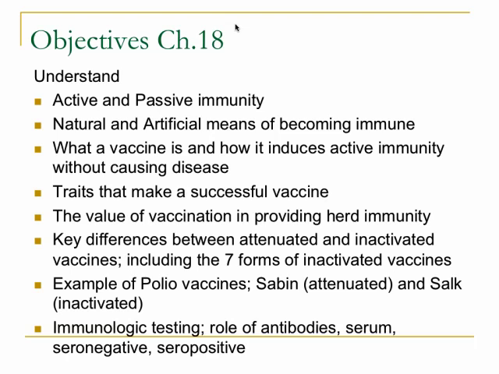And there are several features of vaccines that are necessary in order to make them successful. If a vaccine is going to cause more symptoms than just getting sick with the pathogen, obviously it's not going to be a successful vaccine.